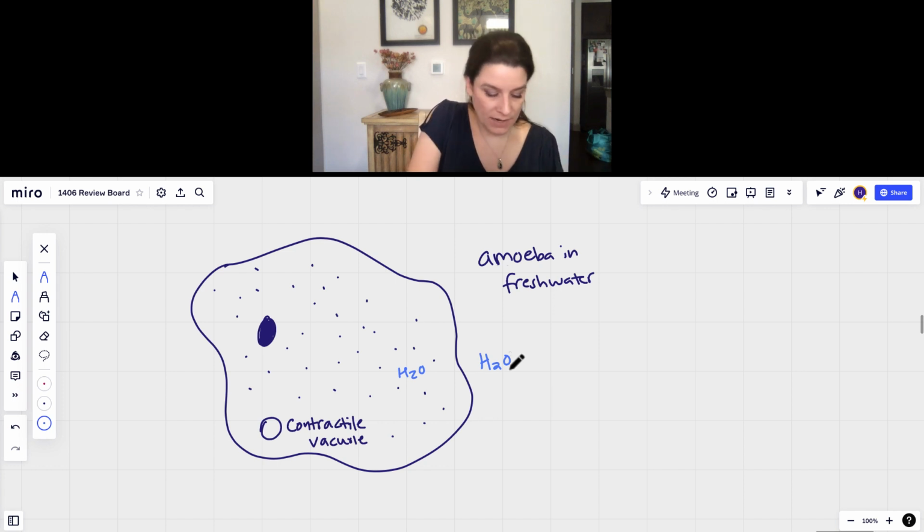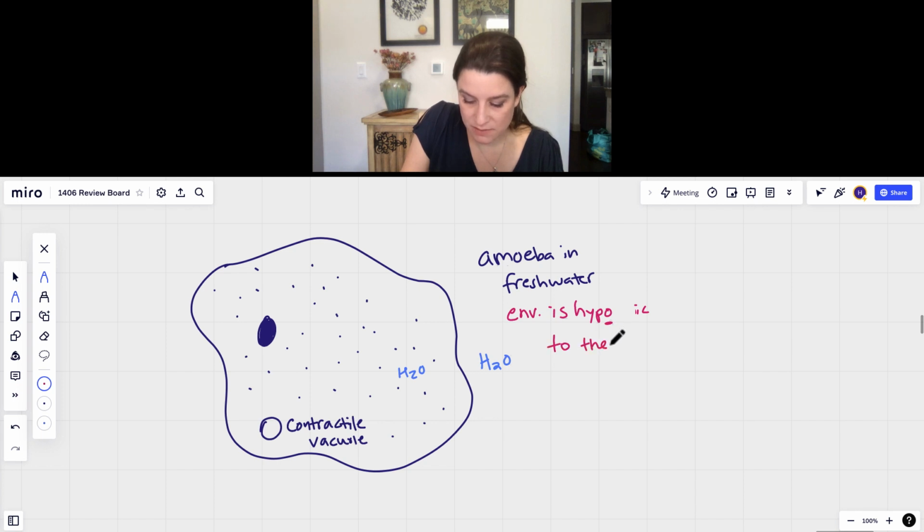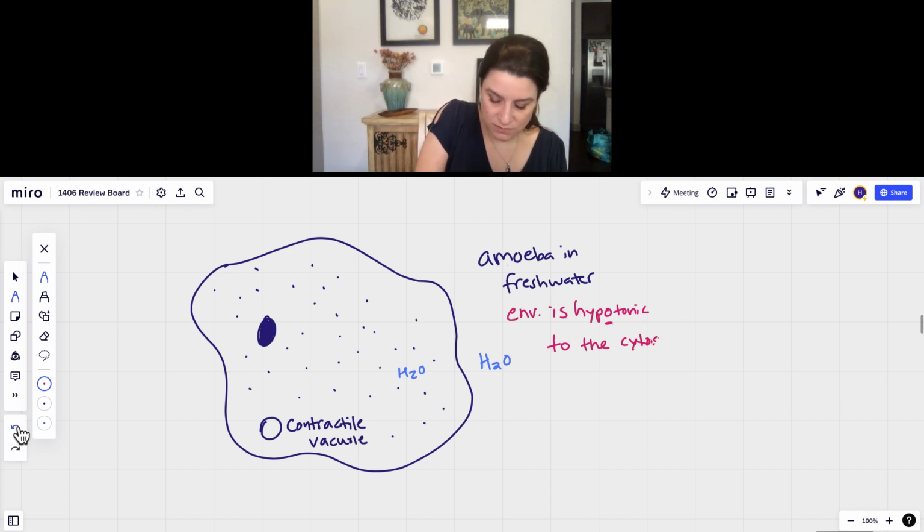So let's think about how we describe our environments. The environment is going to have a lower concentration of solutes than the inside. So we call that hypotonic, lower concentration. It has to be to something, so to the amoeba cytosol.